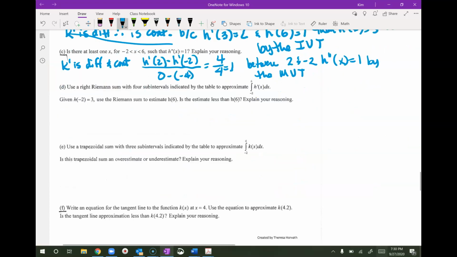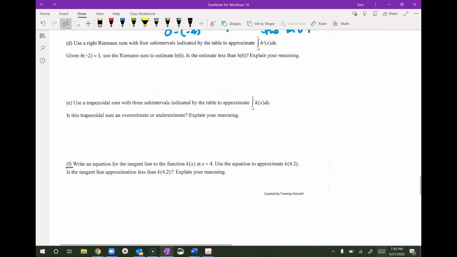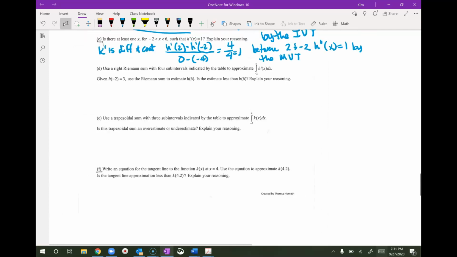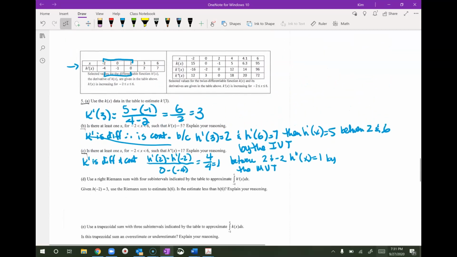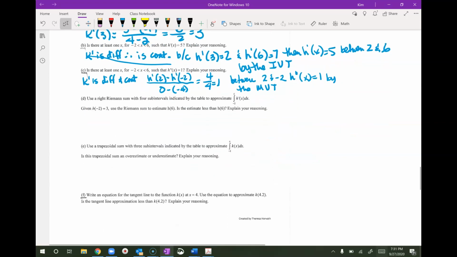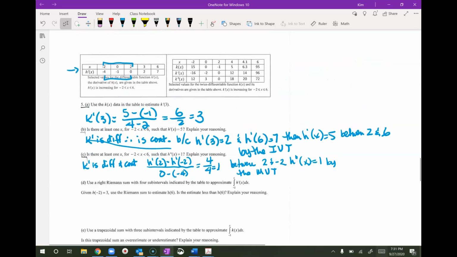There we go. All right, hopefully we're coming down to the wire. Write an equation for the tangent line of k at x equals 4. Use the equation to approximate k prime of 2, and then tell me whether the approximation is less than or greater than the actual value. We will explain our reasoning by the second derivative. So let's go back up here to k. We need k of 4, and we need k prime of 4.